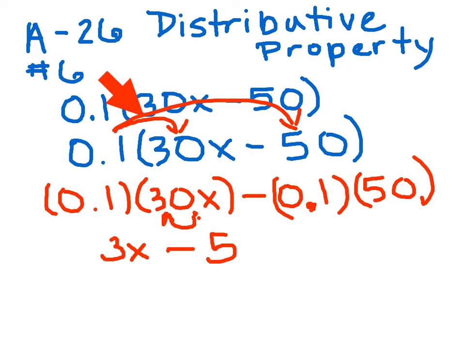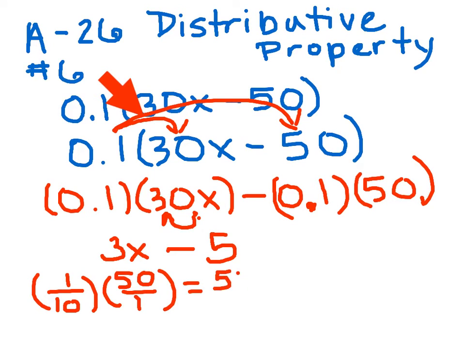Or I could write it as 1/10 times 50 over 1, and that would give me 50 over 10, which is 5. So whichever way is easier for me to understand.